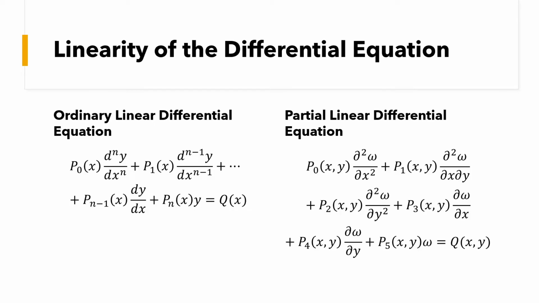So that is the format we follow. Again, our partial derivatives must not have an exponent greater than 1, and our functions should only be functions of the differentiating variables, in this case x and y. So our functions must only be functions of x and y. Okay, so that is the linearity of a differential equation.